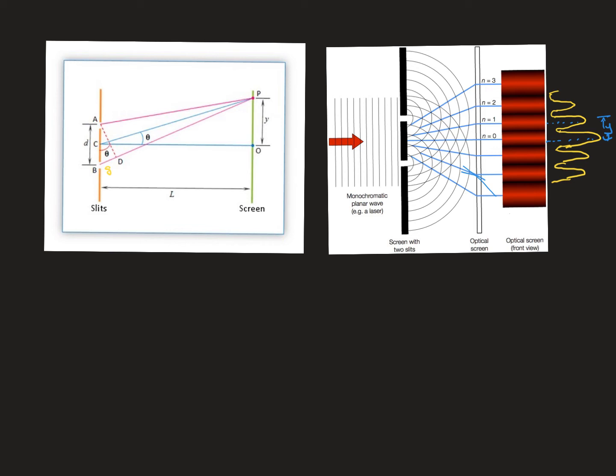So let's write that down. Delta is equal to d sine theta. And as we discussed before, if these two waves are constructively interfering, delta is equal to n lambda.